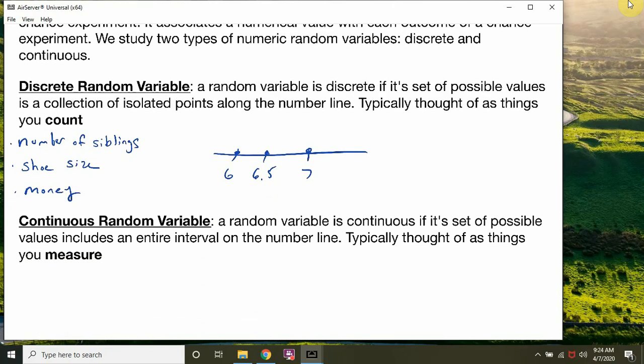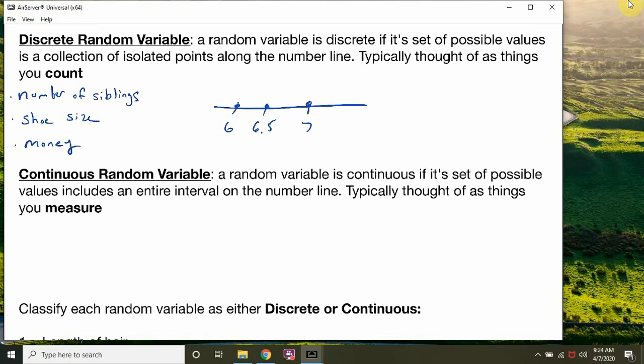Contrast that with continuous variables. Okay, a random variable is continuous if its set of possible values includes an entire interval along the number line, typically thought of as things we measure. So things that would be classified as continuous, things we measure: length, or distance, we measure weight, right, or volume.